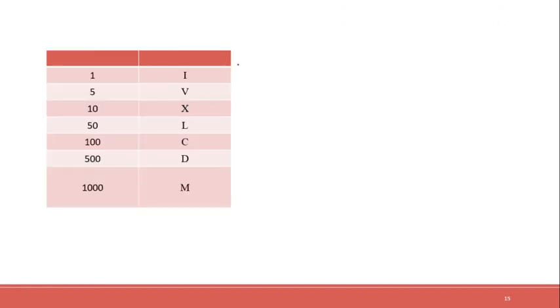Now I have these signs here. As I have told you, I is for 1, V is for 5, X is for 10. Similarly, L is for 50. C is for 100.